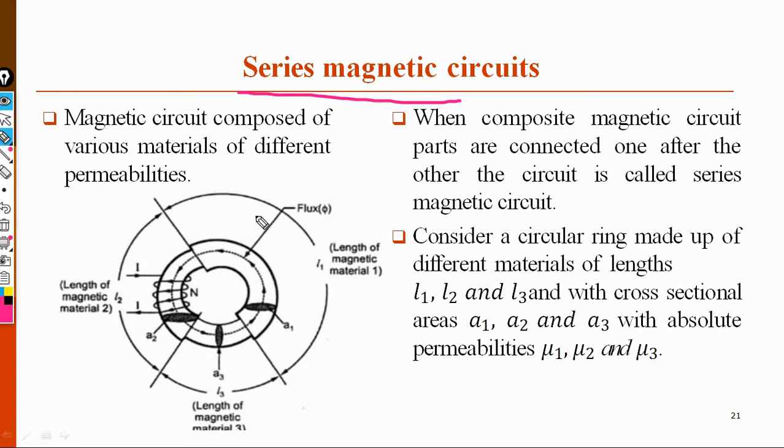Now this is the circular ring. The flux is present, this is the flux path in the first ring. Now this is the second ring and this is the third ring. That means we have connected three rings in series, that is 1, 2 and 3 are connected in series, which is called a series magnetic circuit.